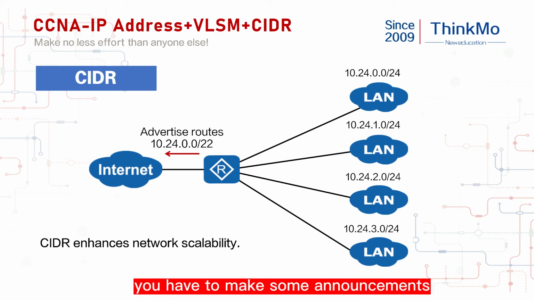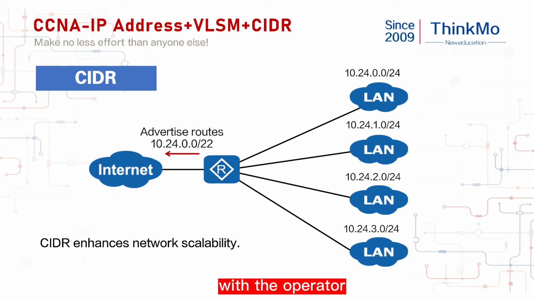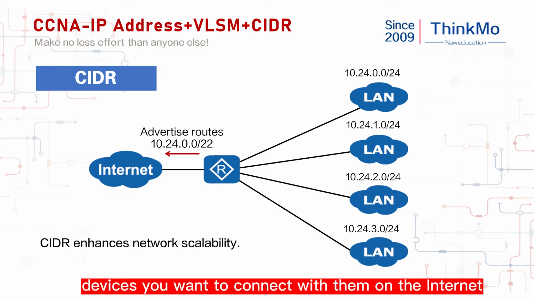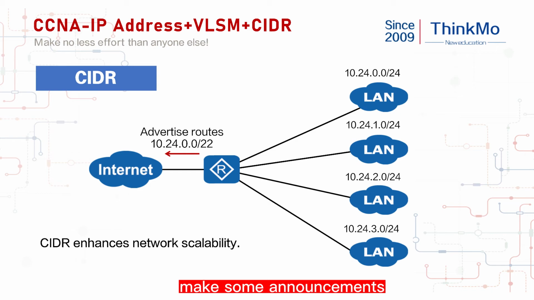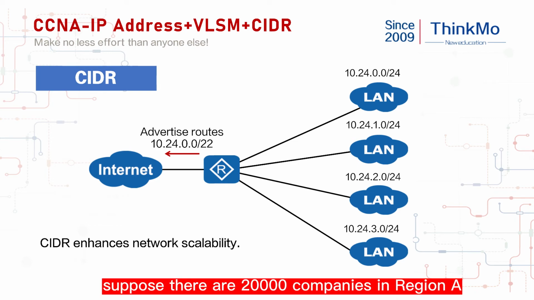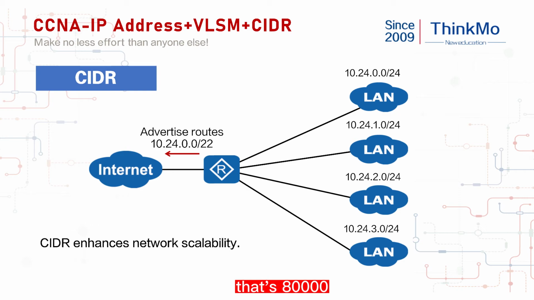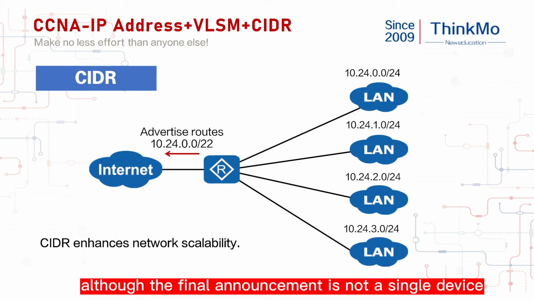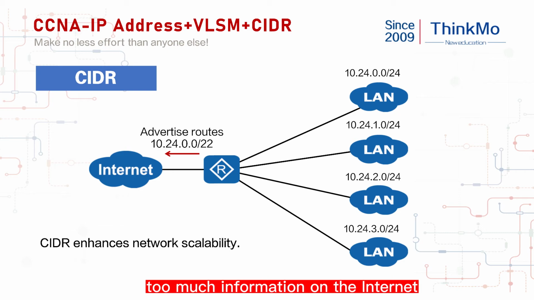You have to make some announcements with the operator, that is, for devices you want to connect with them on the internet. Your company announces 4. Another company announces 4. Suppose there are 20,000 companies in region A. That's 80,000. Although the final announcement is not a single device, it is also a large network of operators as a whole. Too much information on the internet.